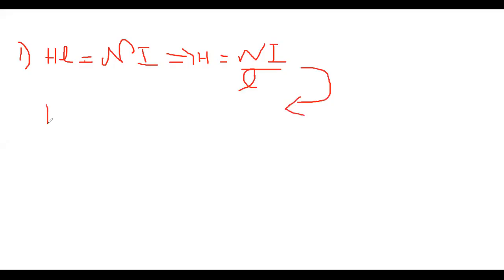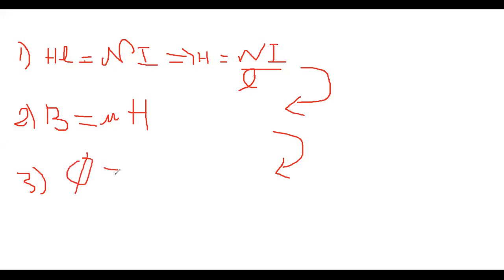From the magnetic field intensity we go to the magnetic field density, B, number 2, equals mu H. Of course mu is mu 0 times mu R. Number 3, the flux: from B we go to the flux.